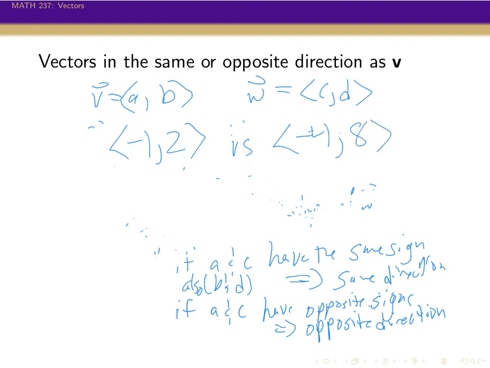The slope of both of these is negative 2. The x components are both negative, and so these are in the same direction.